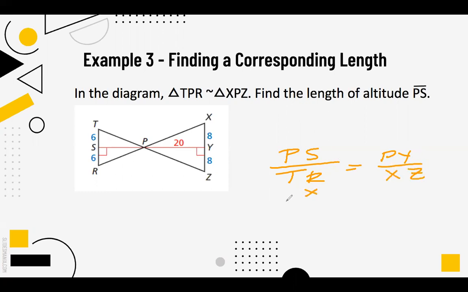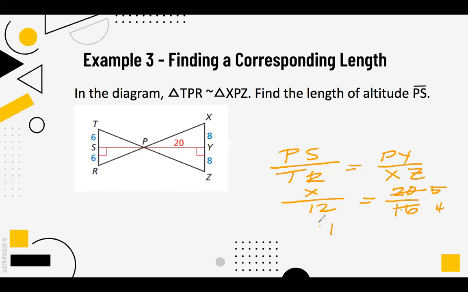So PS we don't know. TR we know to be 12. That is equal to PY, which we know is 20, and XZ, which is 16. All right, so 20 over 16, I'm going to reduce that to 5 over 4. Give me some smaller numbers.